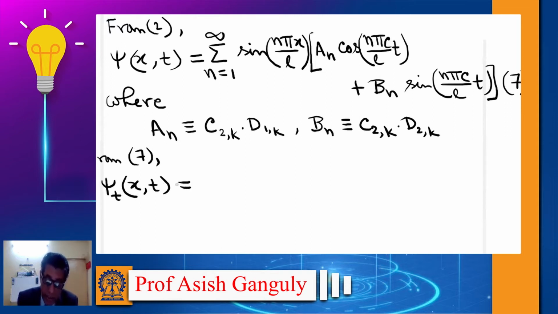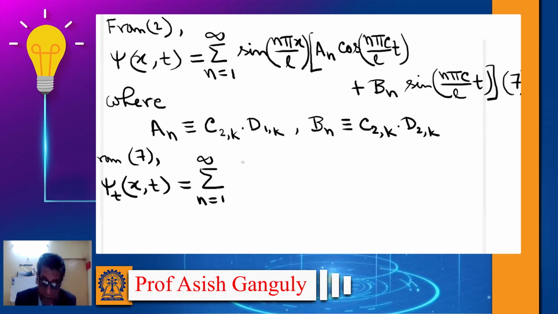So psi t x t will be, you see, n pi c by L. This term will come out, right? So your psi t will be a summation, n equal to 1 to infinity. And remember that our solution is always smooth. So this infinite series is term by term differentiable, term by term integrable. Okay, so we can do that.